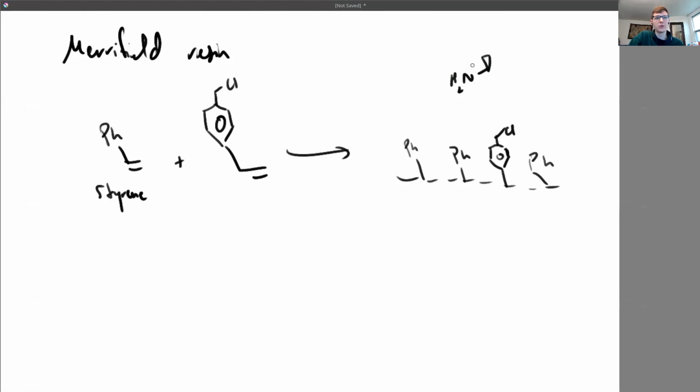And then the nitrogen terminus, the amino side of your protein, can attack. This is a benzylic leaving group, right? So it's a good electrophile, and you can just take it off.